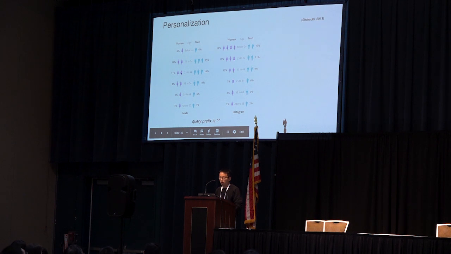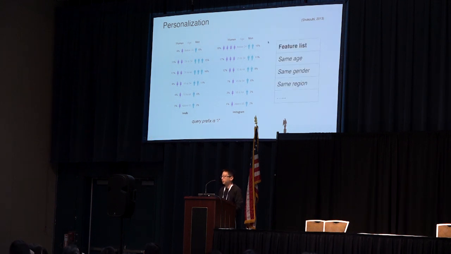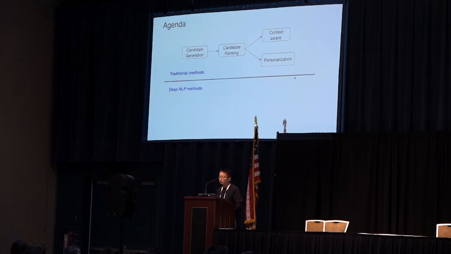Also, it is related to the age group. So all the feature lists are simply demographic features, like the frequency of the query from the same age group, same gender, or same region. So that's the traditional method.